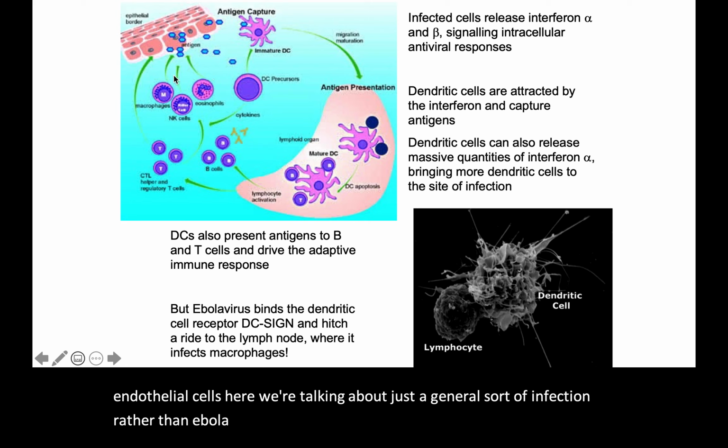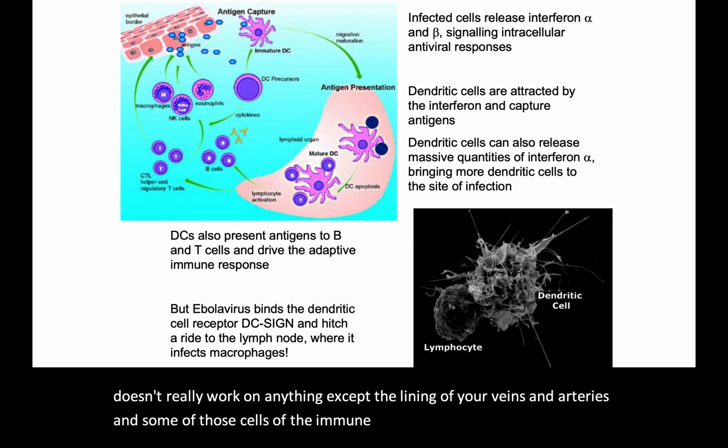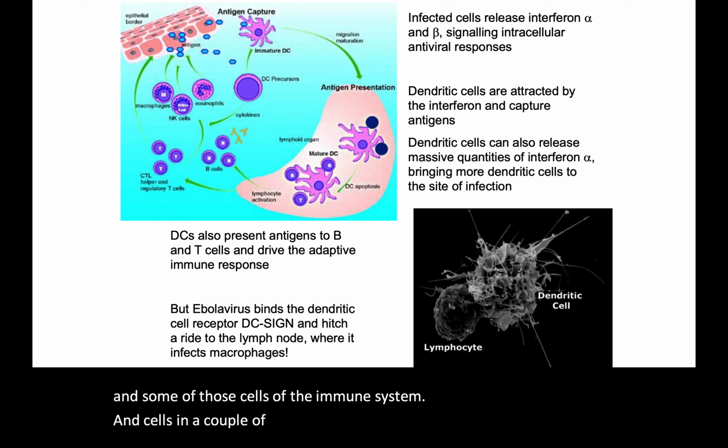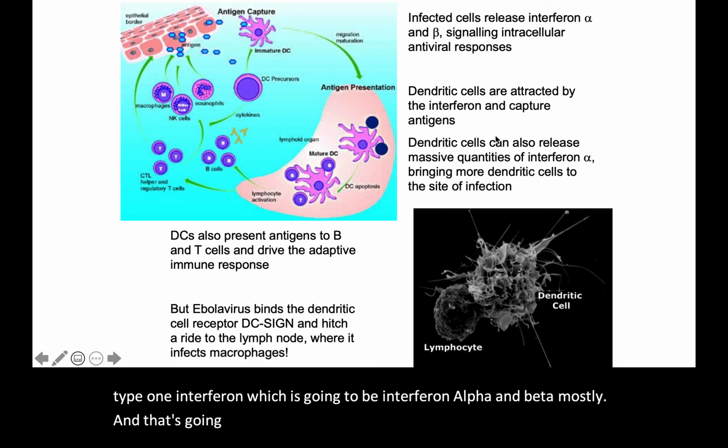But in the case of Ebola infection, remember, it doesn't really work on anything except the lining of your veins and arteries and some of those cells of the immune system and cells in a couple of your major organs. So infected cells will release type 1 interferon, which is going to be interferon alpha and beta mostly. And that's going to signal to start antiviral responses. We know about that. That's good.